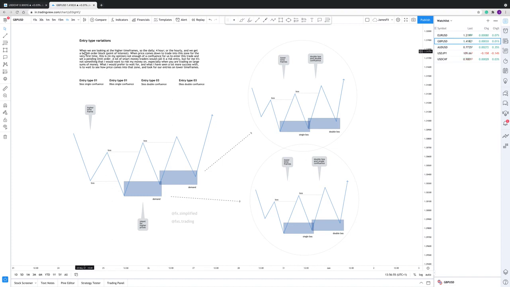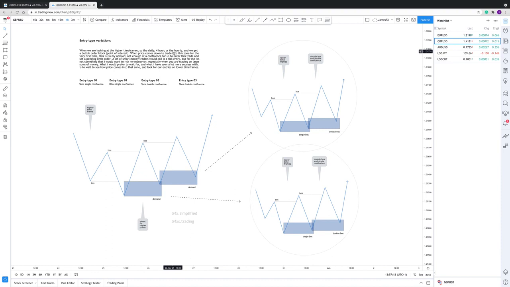When we are looking at the higher time frames, it could be the daily, 4-hour, or the hourly. Now for me, as you know, I trade the hourly time frame as my highest, as that gives me a lot of opportunity, and it's just a great time frame to base your trades around.